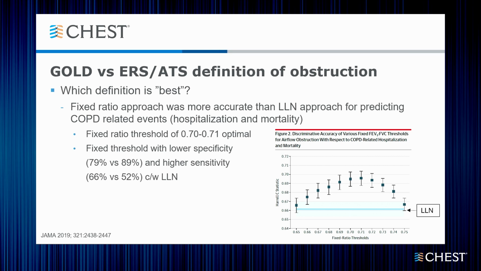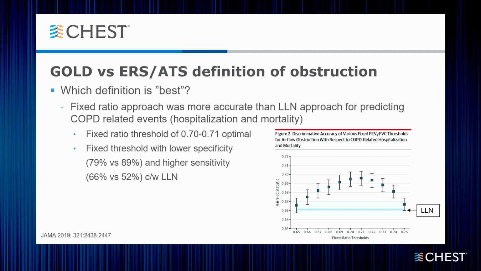And the fixed ratio threshold of 0.7 to 0.71, you can see here, was optimal at discriminating these important events. But the fixed ratio threshold had a lower specificity, 79 versus 89, and a higher sensitivity.